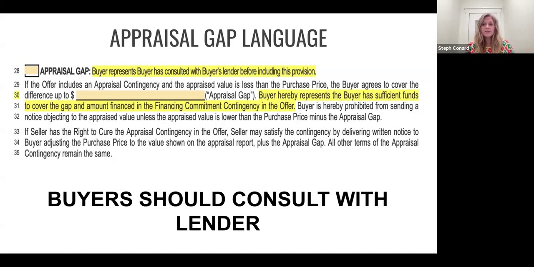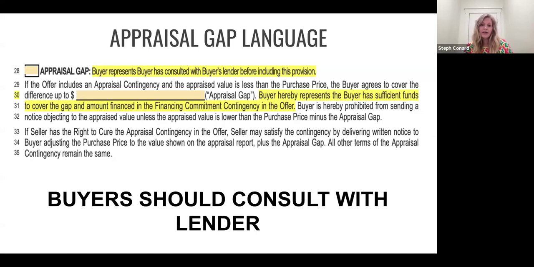Buyer hereby represents the buyer has sufficient funds to cover the gap and the amount financed in the financing commitment contingency in the offer. Buyer is hereby prohibited from sending a notice objecting to the appraised value unless the appraised value is lower than the purchase price minus that appraisal gap.